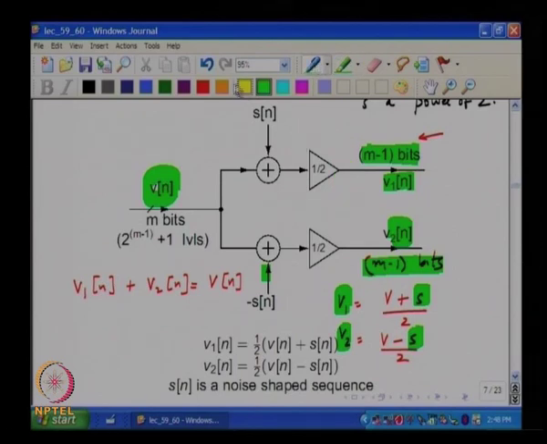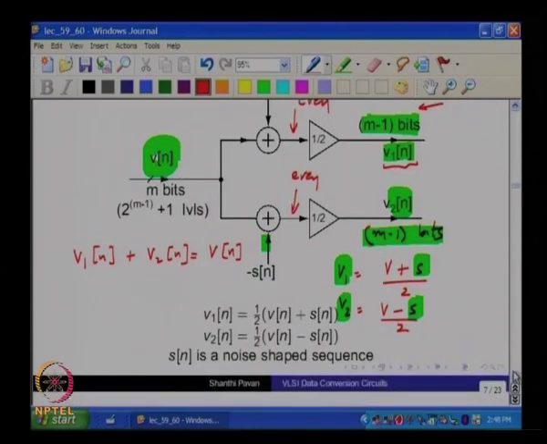So regardless of what V is, after you add and subtract S, the result must be even, so that when you divide by 2, you will get a sequence which is one bit smaller and is an integer.